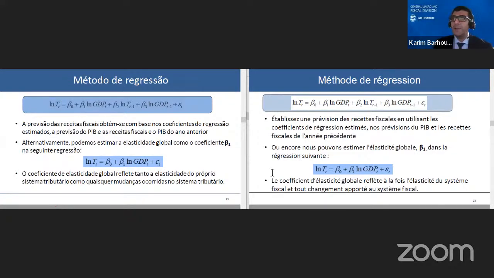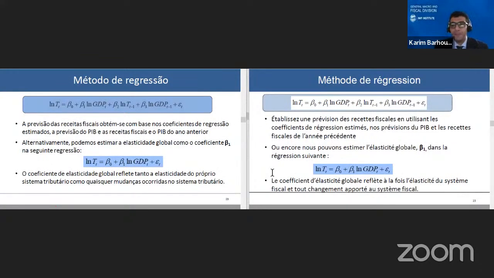I get your point. So if you want to take the dynamic, your coefficient on your elasticity should be the sum of beta 1 plus beta 3, right? If you want to take the instantaneous effect, you take beta 1. Tax at t is a function of GDP at t and tax at t minus one period.